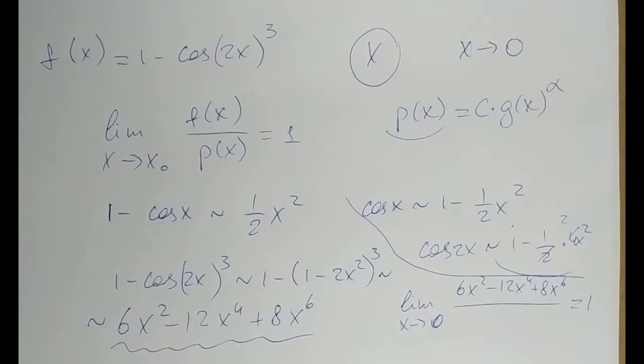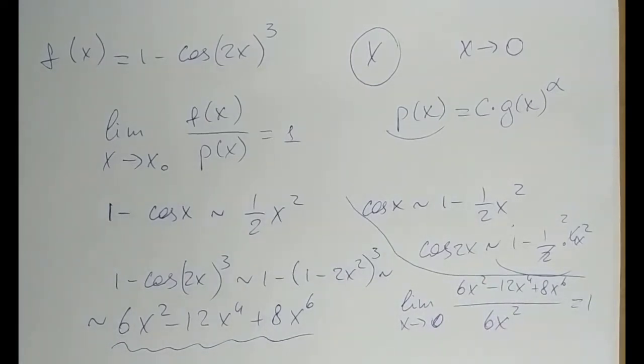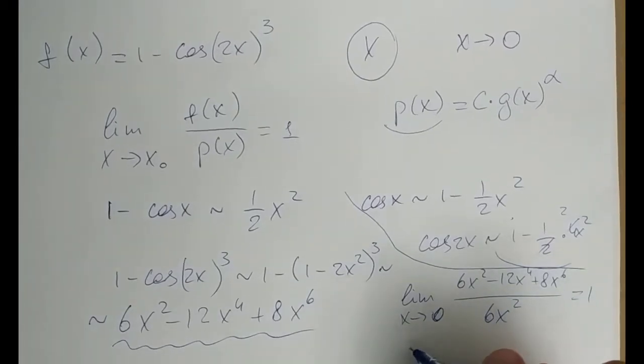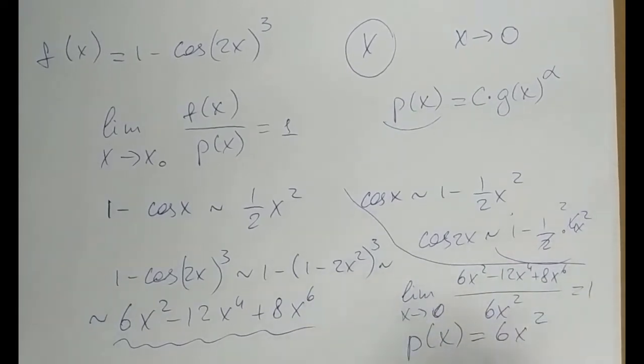So in this case, p of x is equal to 6x squared, and we get 1. So our constant is 6, alpha is 2. The ratio should be 1, and it will be 1 if and only if p of x is 6x squared. So the answer, the principal part of the function, is 6x squared.